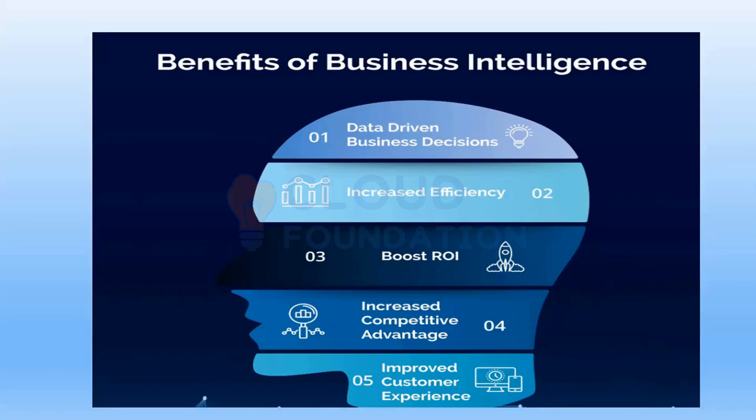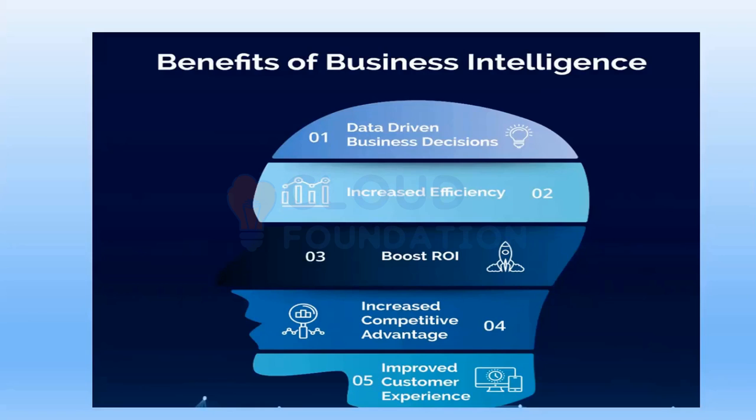But by just storing that data, they will not get any information from it. They cannot go to the tables directly and query. They will not know anything useful. Here comes business intelligence. By using those tables of data, by creating schemas and creating reports on top of them, they get the information.